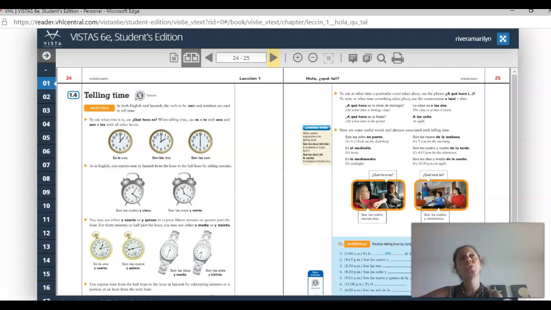And we are going to use the third conjugation, meaning es, okay? Es for singular and son for plural. And of course, the singular is 1 o'clock. And then after 1, from 2 to 12, you are going to use the plural.